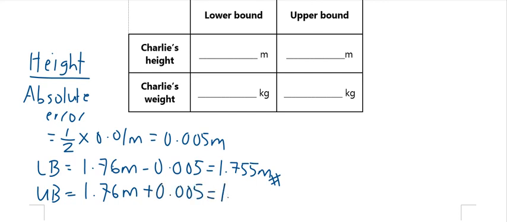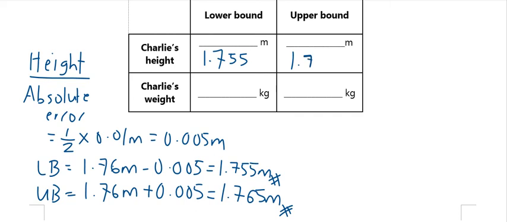So you will have 1.765 meter, right? So you will fill in this one. Charlie's lower bound of his height will be 1.755 meter, and your upper bound will be 1.765 meter. Okay, just fill in under the line, above the line.